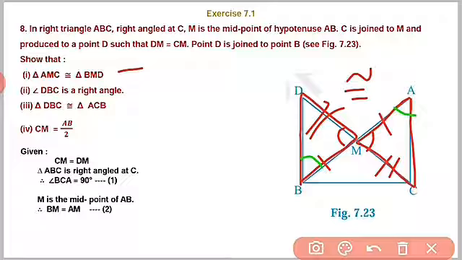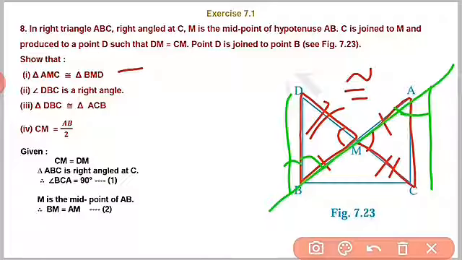Now the second part, what we have to prove? We have to prove that angle DBC is also 90 degrees or a right angle. So let's start. Here we saw that angle CAM is equal to angle DBM, and we can easily see that these two are forming a line, and this can be considered as a transversal, and these angles are equal.